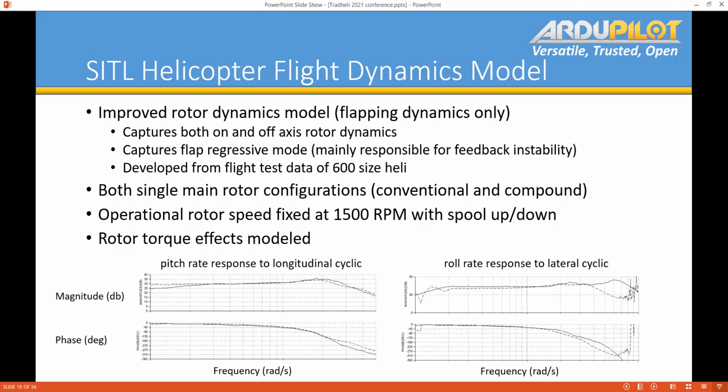And so basically you go and gather that data, and you come back and use your favorite FFT or spectral analysis software. I use CIFER. You could use MATLAB, and basically you can develop a model of the helicopter based on those frequency responses, and that's how you go about that.